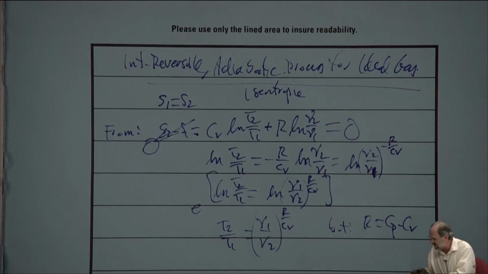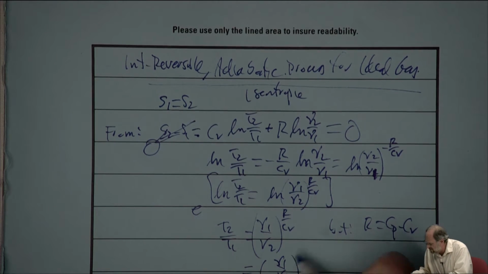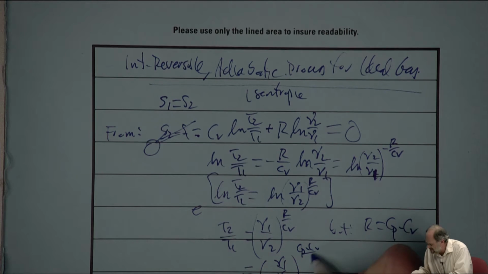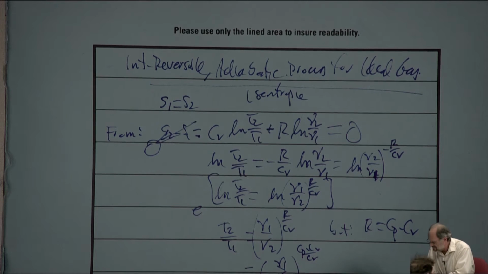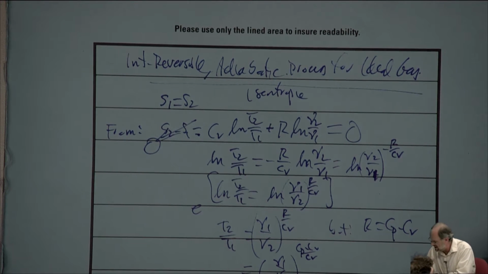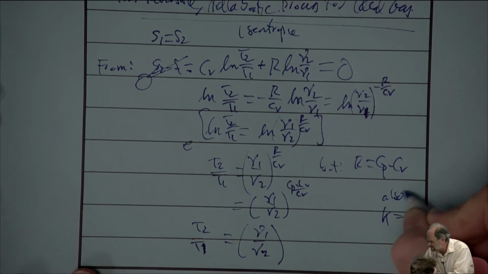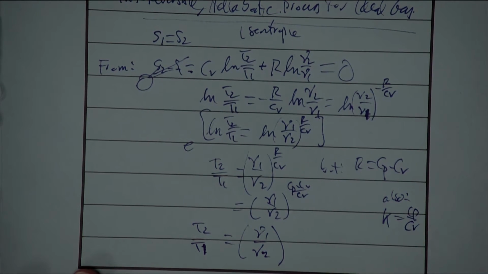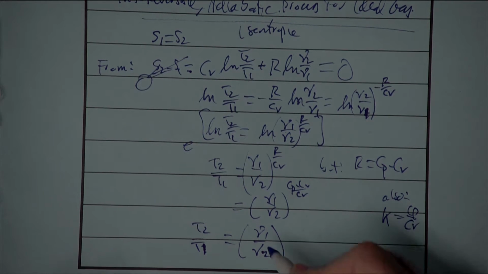So since R does equal Cp minus Cv, this is now V1 over V2 raised to the Cp minus Cv over Cv. Or to put it in its final form, the temperature ratio equals that volume ratio. And let's see, Cp over Cv is equal to k, right? So also k equals Cp over Cv. So therefore, this would be k minus 1.